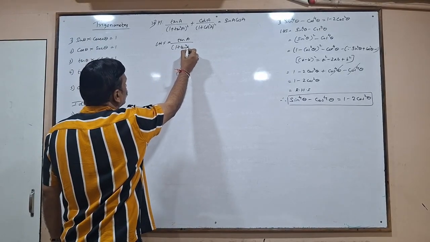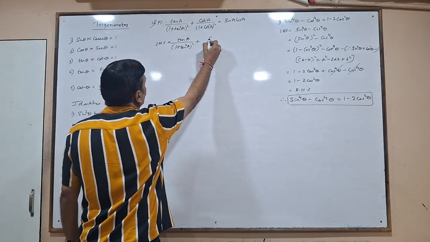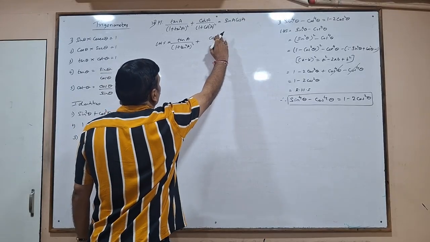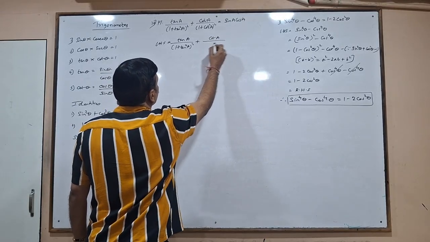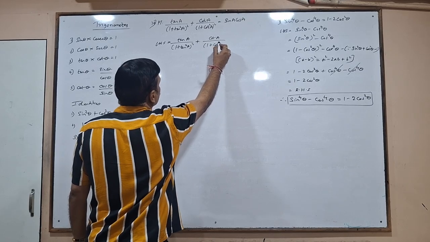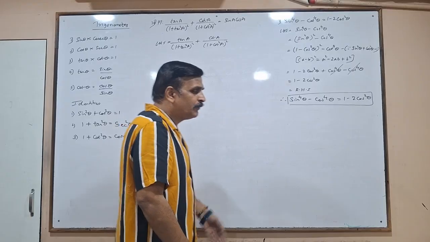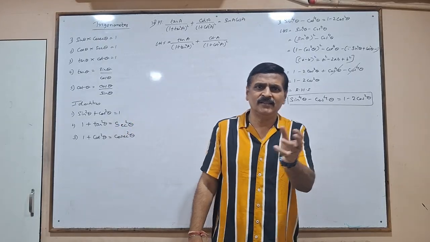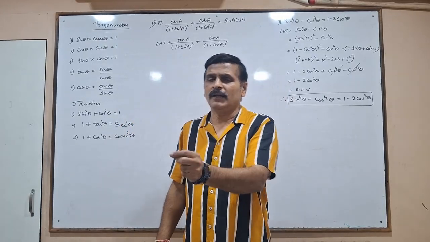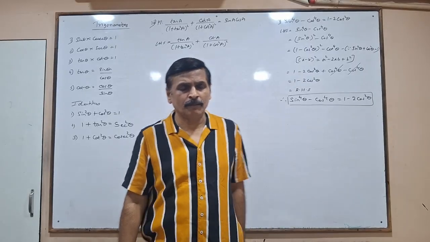Now, a particular trigonometric problem can be solved in many ways. A few problems, as I said, the type 3 problem, there a particular method is easier to apply, and if you apply that, you can get answers quickly.